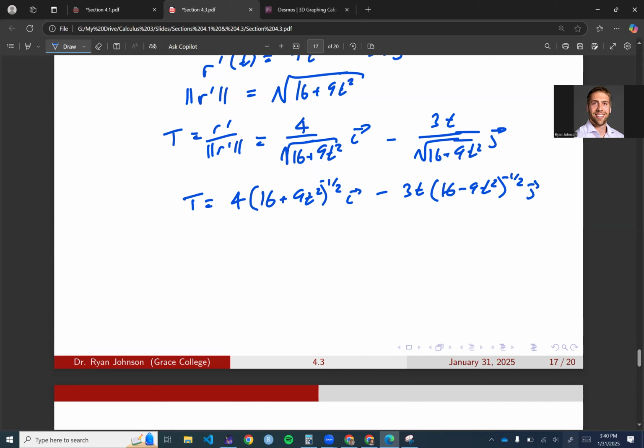Okay? So step 1 for finding N, because remember that N is T prime over the magnitude of T prime. So we got to find T prime.